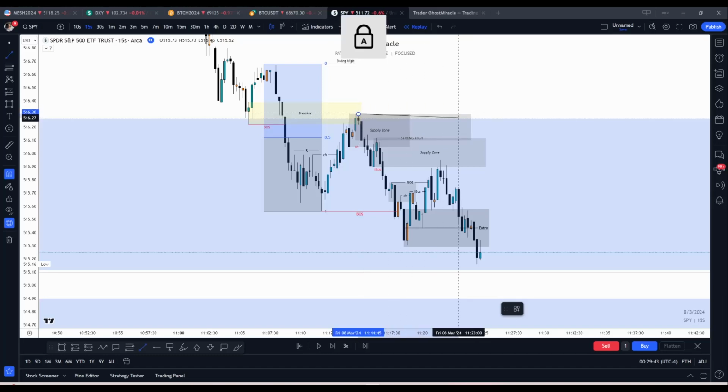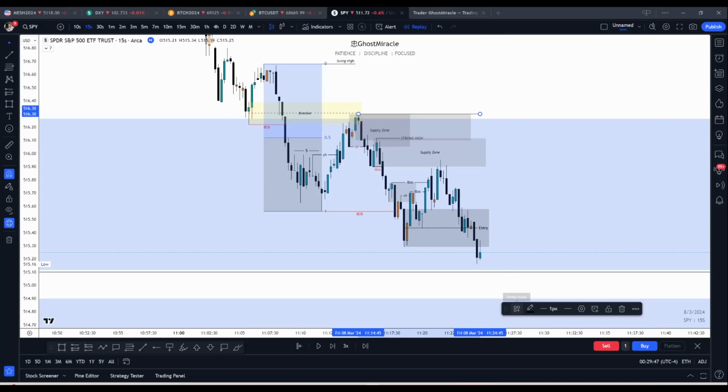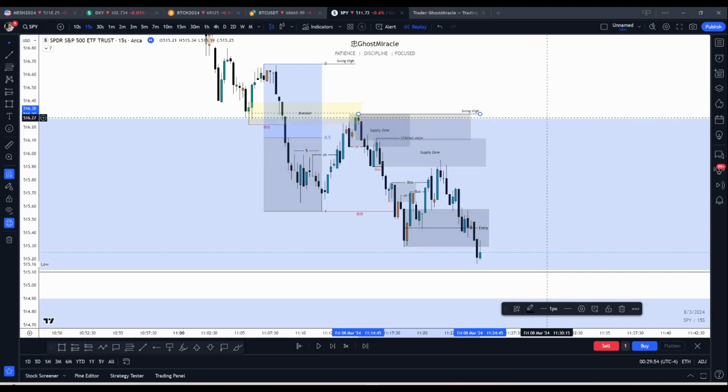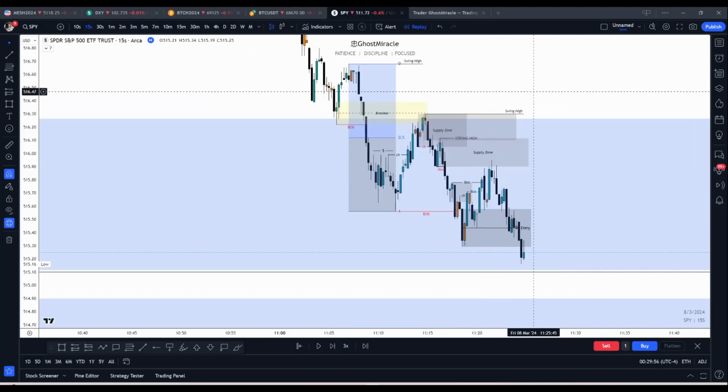But this is still the overall high that you want to go for, right? So after this break, this is your new swing high.